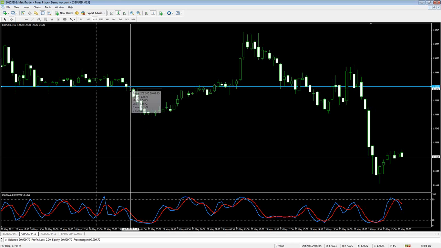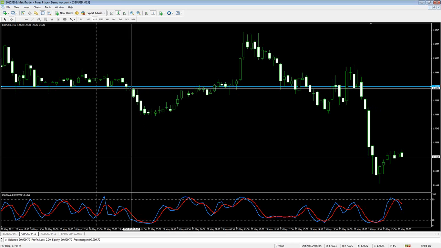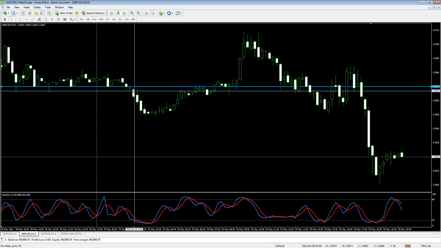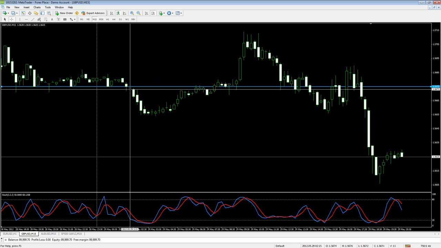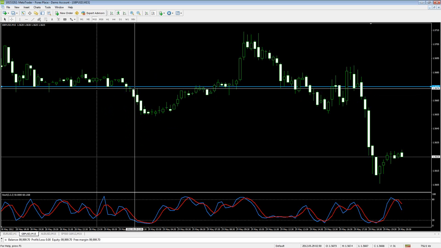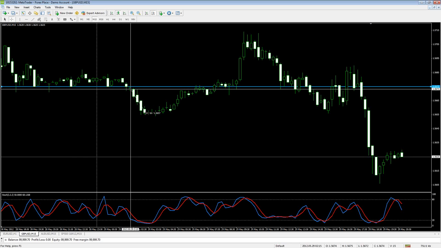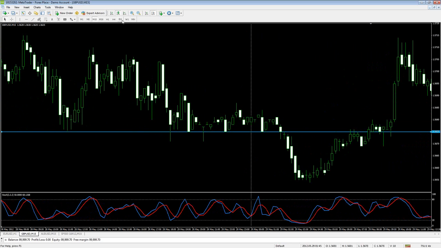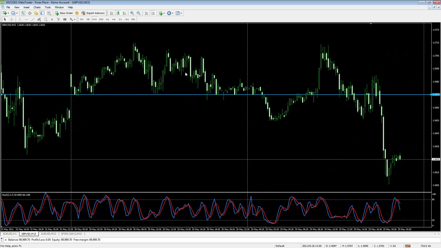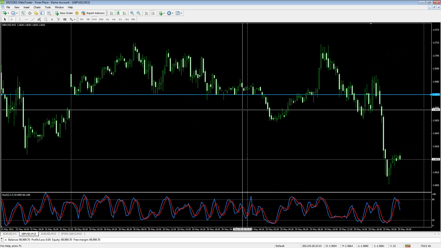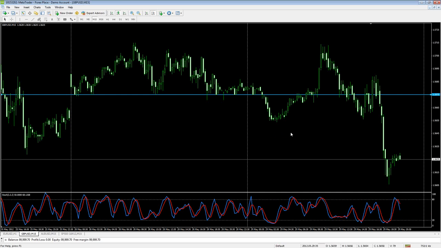Sometimes it may be a false breakout, it depends, but if you do see a candle that eventually closes below, in this case a 15-minute candle, you can expect some movement, in this case a 20 pip movement, probably to close the gap or to some previous low.